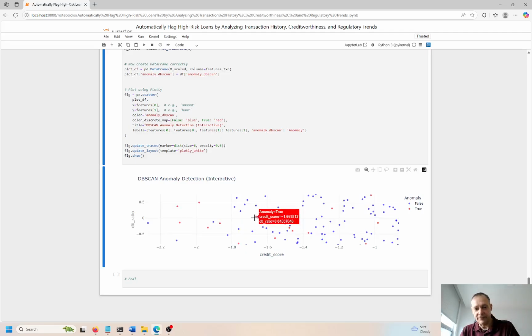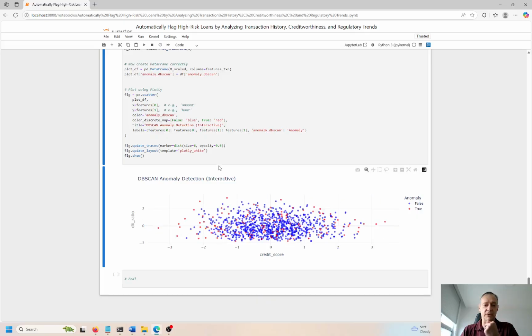So we do see a few anomalies over here, and these have credit scores that are pretty low, right? They have low credit, and the debt to income ratio is very low. So that's why this can be anomalous, and that's why we have to look out for these types of loans. We would maybe not even issue the loan, maybe issue half of the money that the person's looking for, or not issue it at all.